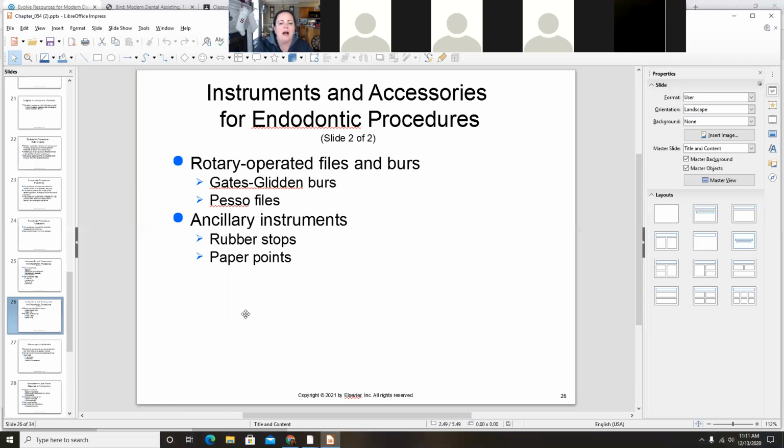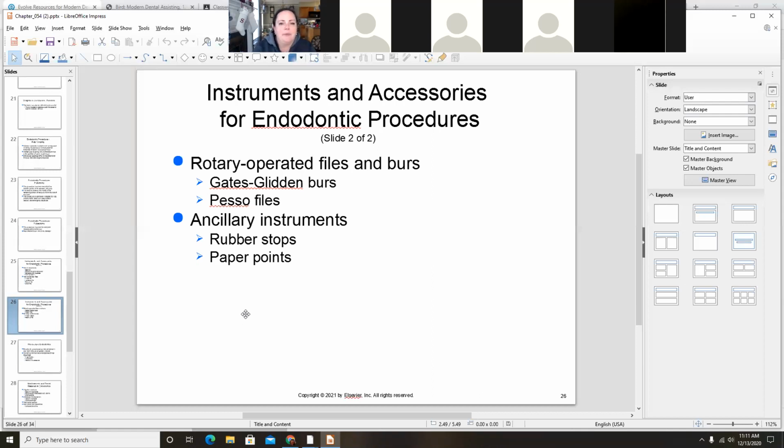Okay, you don't want to go beyond the canal of the tooth. Otherwise, what will happen? You'll perforate it, right? Have you ever seen a root canal that's gone through a tooth in an x-ray? Yeah. Okay. And then paper points are used to dry the canal in between files, okay, after you irrigate it.